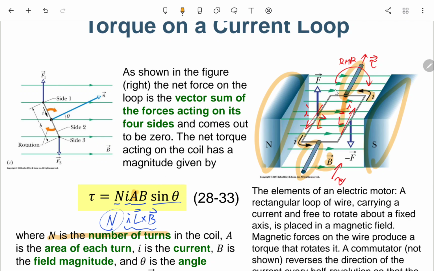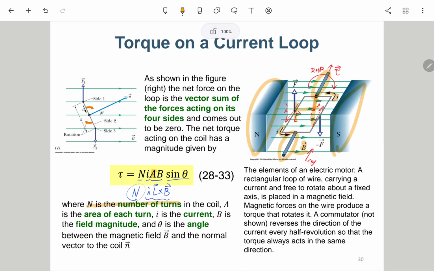Sine of theta is the angle between the L and the B field, or the angle between the B field and the normal vector to the coil.